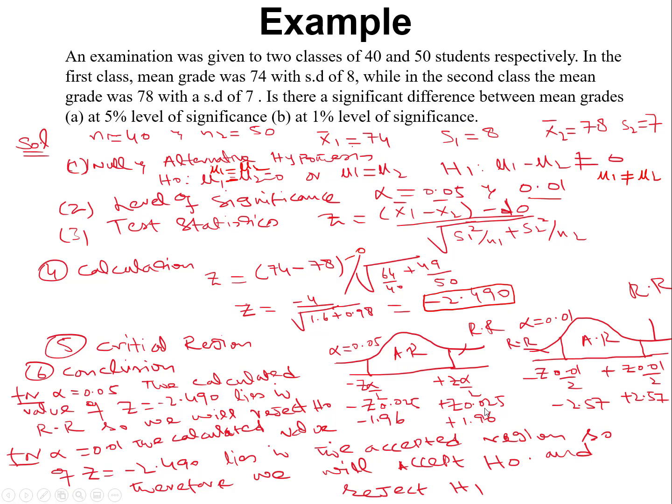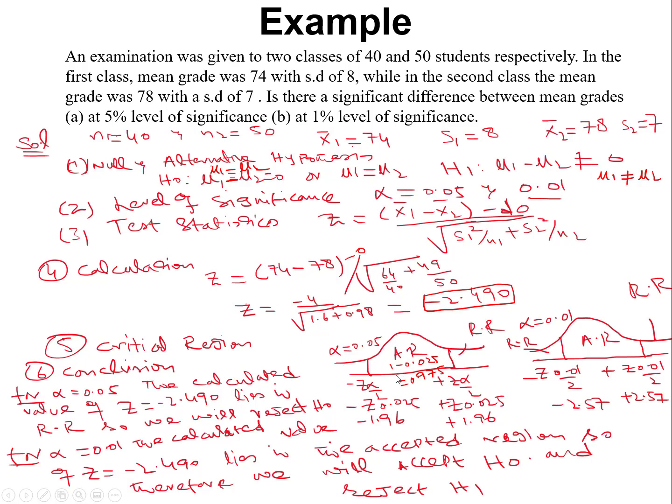Now when you subtract, 1 minus 0.025 will be equal to 0.975.